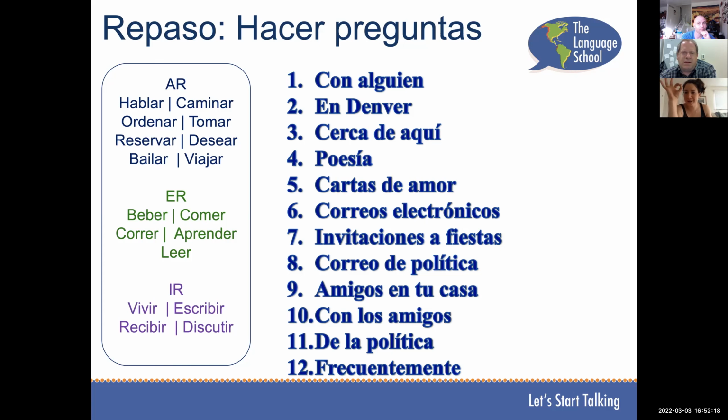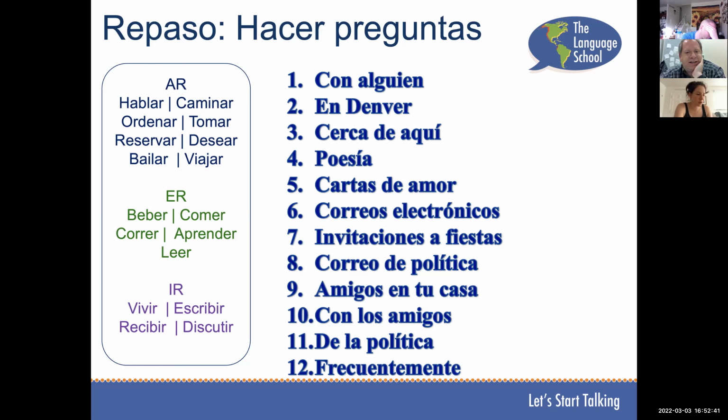Did I say that right? Okay. ¿Tú escribes correos electrónicos?